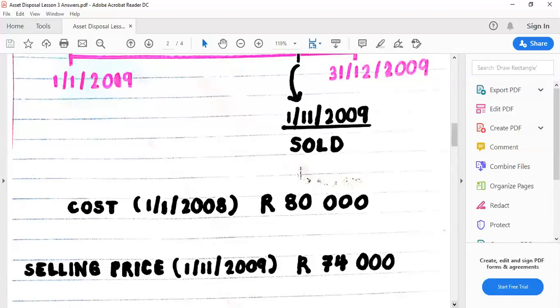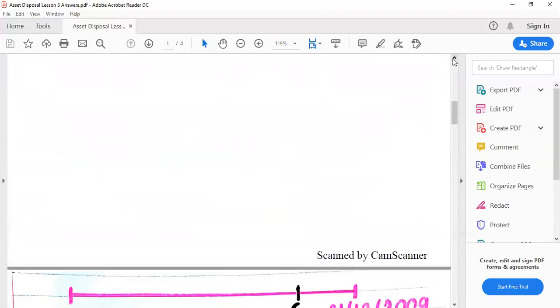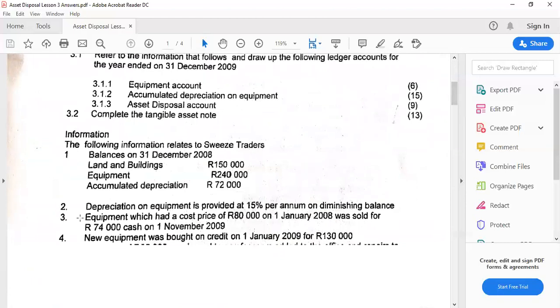Okay, so now this leaves us with the first step, which is the depreciation. So if we go back to the question and see what method of depreciation they have used, it says here in point number 2, depreciation on equipment is provided at 15% per annum on the diminishing balance method.